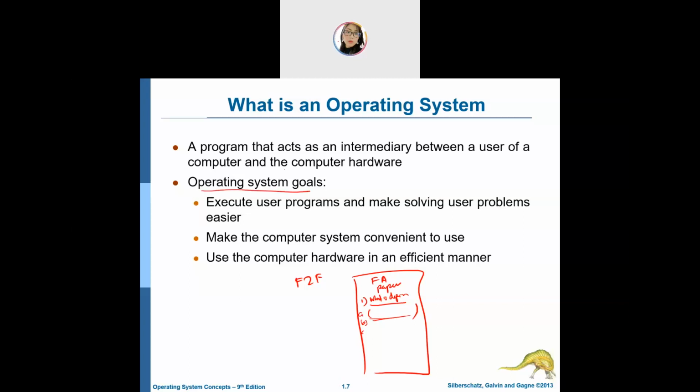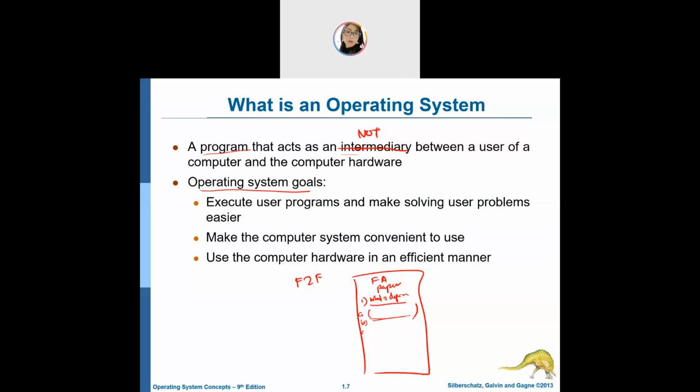Let's say we cannot directly ask you what an operating system is. Instead, we will say, is the statement correct or not? A program is, maybe I put here, not an intermediary. So is it correct or not? False or true? That is the type of question that can be asked in your test.